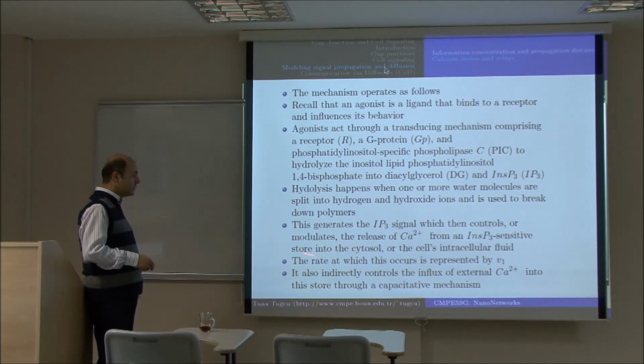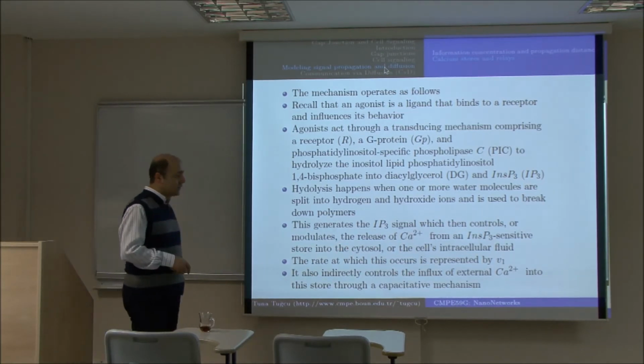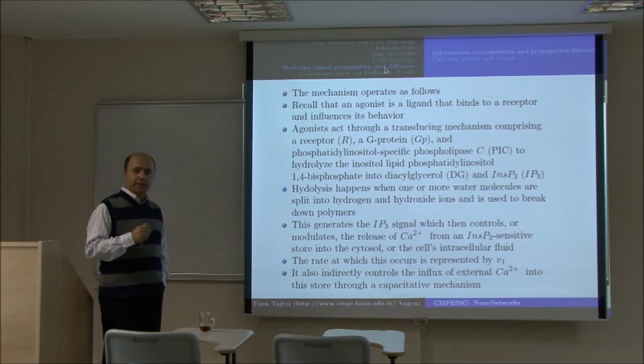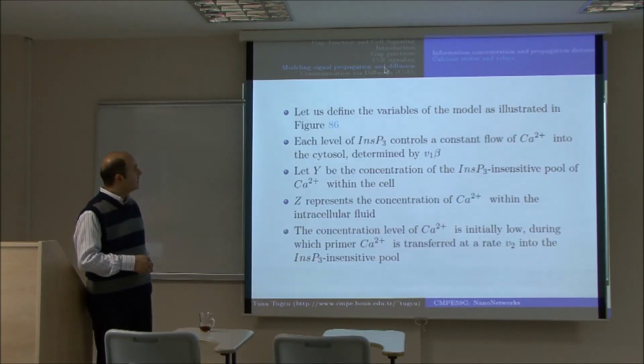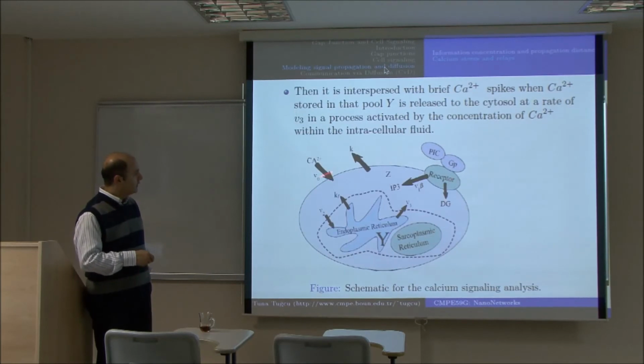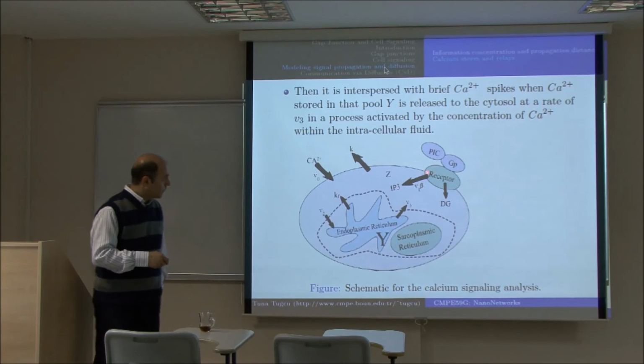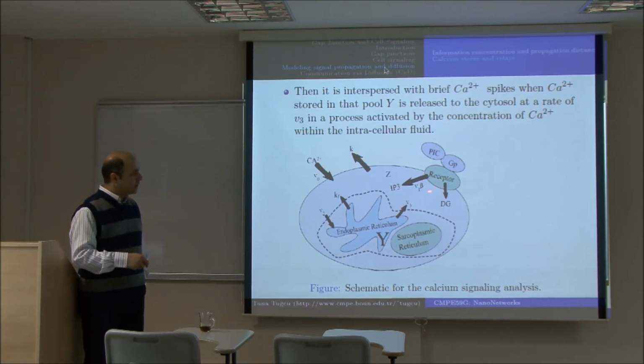The rate at which this occurs, let's denote it by V1. This operation affects PIC and the G protein, and this causes IP3 and DG to be released.